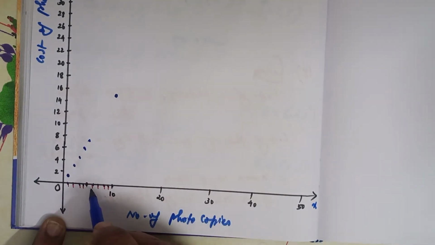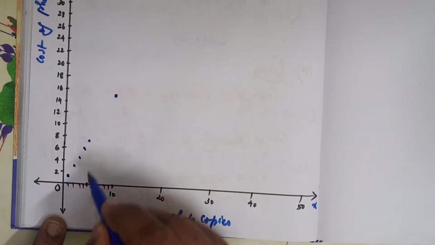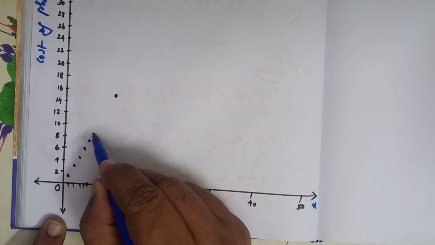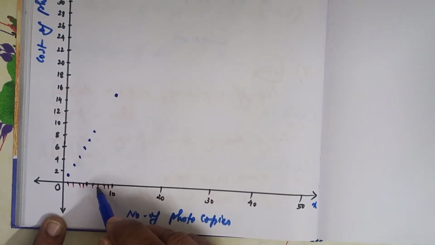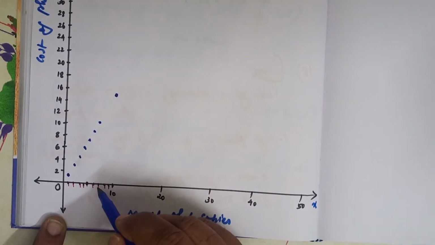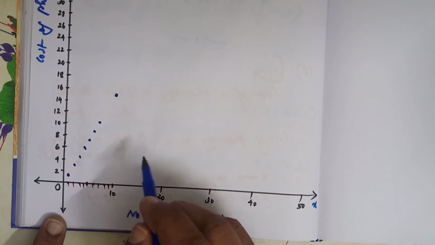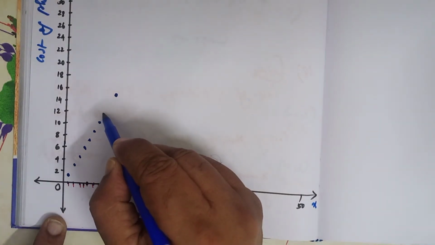Sixth copy, 6 into 1.5, 9 rupees, in between 8 and 10. Then seventh copy, 7 into 1.5, that is equal to 10 rupees 50 paise. Next, 8 into 1.5, that is equal to 12 rupees.